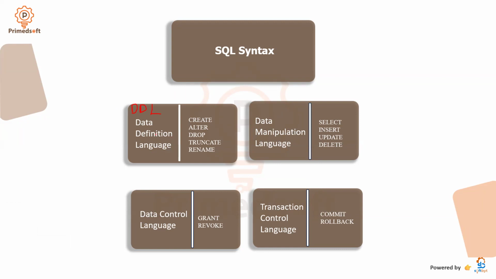DDL is simply a set of statements that allows you to define or modify data structures and objects. I told you what a data object means, like a table. Tables are data objects. So it is a set of statements that allows you to define or modify a data object or data structure. That is DDL.